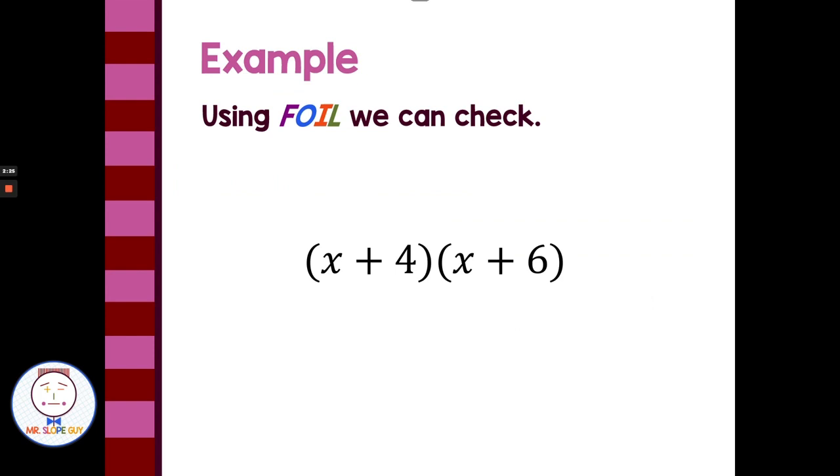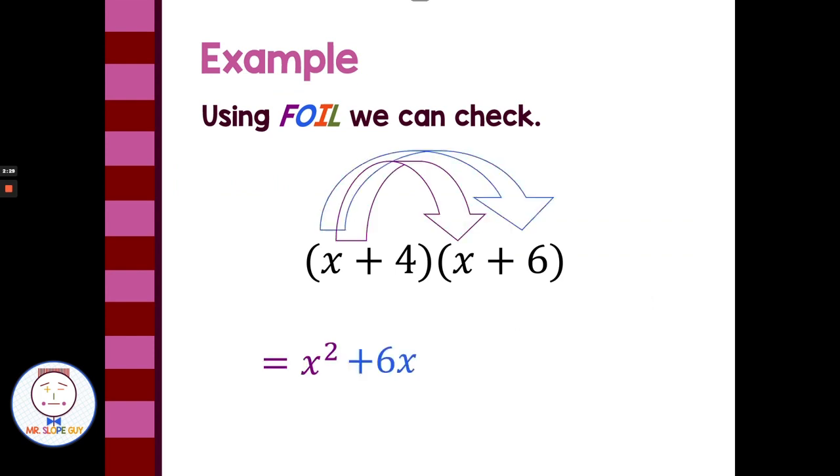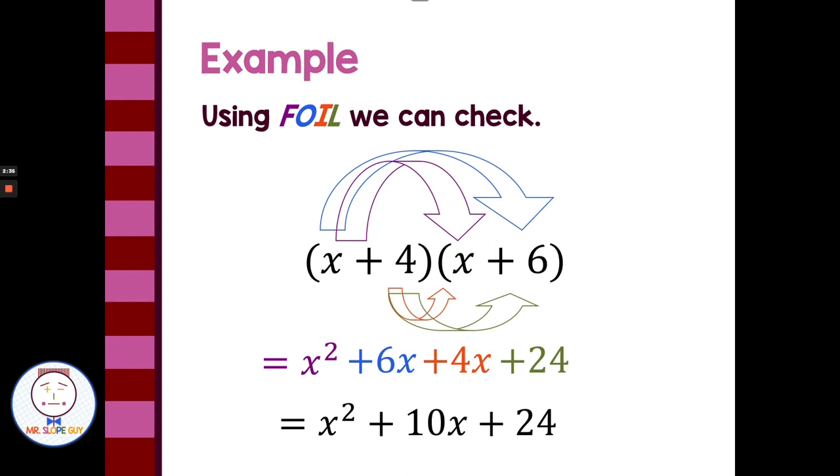Taking x plus 4 times x plus 6: x times x is x squared, outside is 6x, inside is 4x, last is 24. Combining like terms, we get x squared plus 10x plus 24. So x plus 4 times x plus 6 is an equivalent expression to x squared plus 10x plus 24.